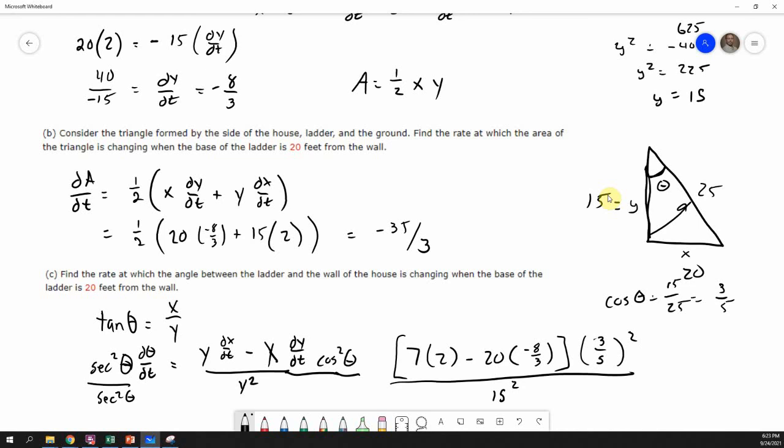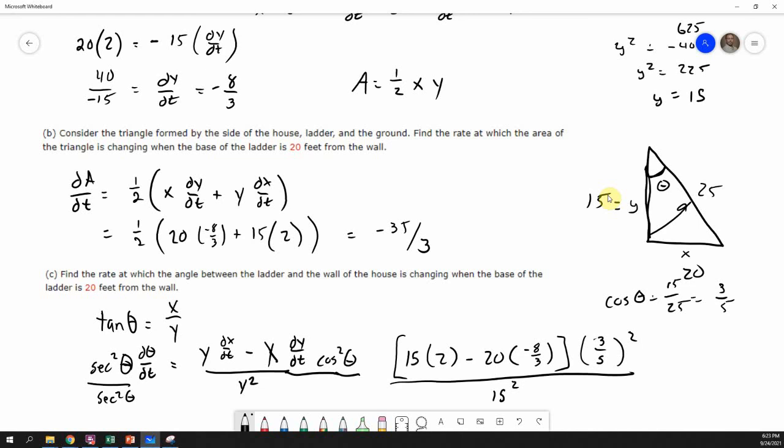14 minus 20 times negative 8/3 times 9 25ths, and then divided by 15 squared. Now, hold on. I've got a 7 in there still.